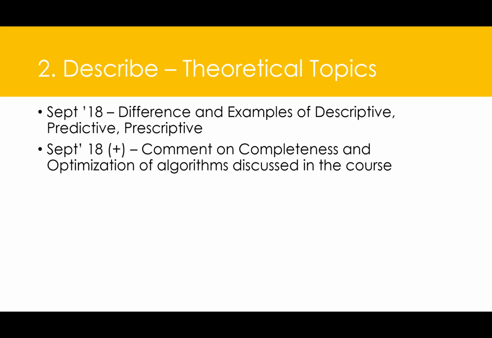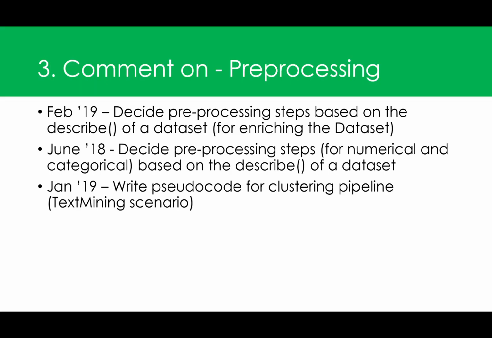For theoretical topics, they ask the difference between descriptive, predictive, and prescriptive, and also between completeness and optimization. The answers to these questions are present in the very first or second slides of the course, and you can find them easily. I suggest you also study the examples.